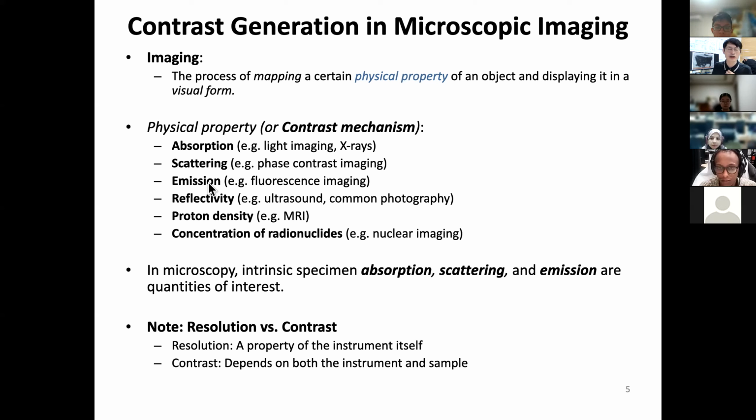Let's think about other kinds of imaging. It doesn't have to be optics. For example, you all know ultrasound, and common photography as well. Ultrasound is sending an ultrasonic sound wave. When it gets inside our body, which mostly has a layered structure, when the wave hits a different layer, some part will reflect back, some part will be transmitted and hit another layer.